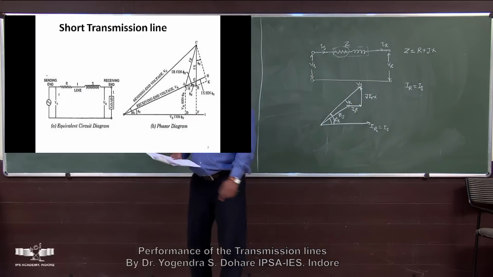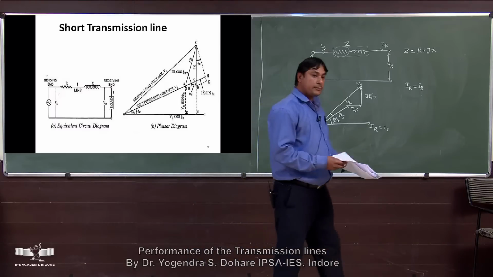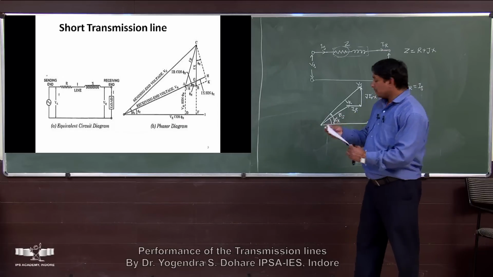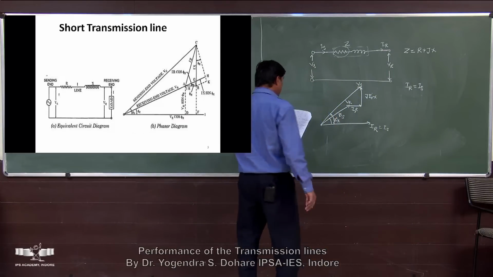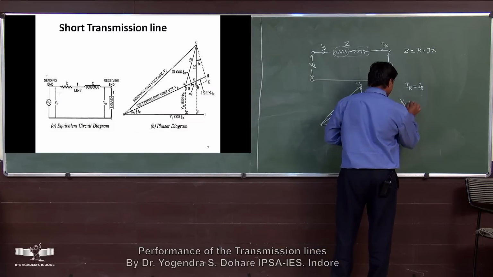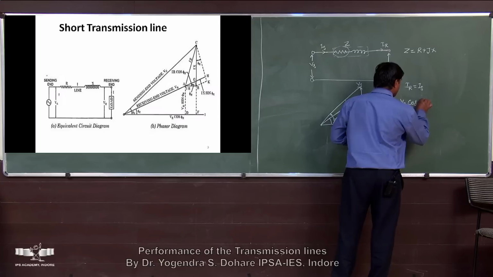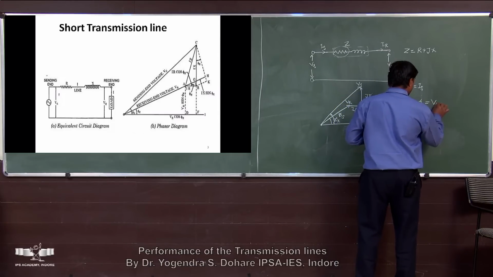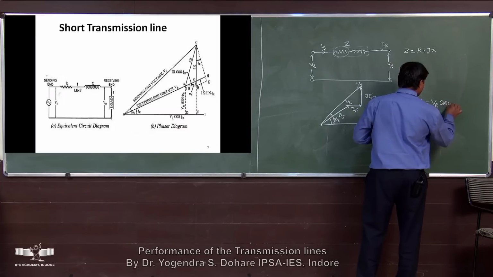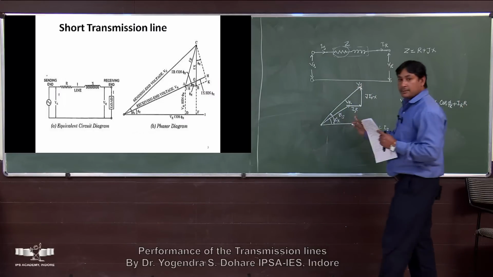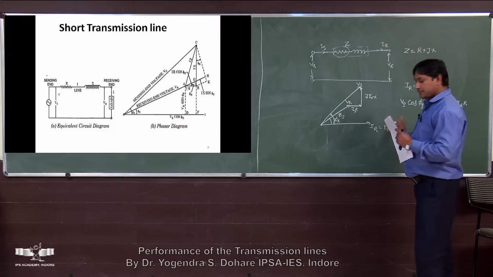This is the phasor diagram of the short transmission line. Using it, we can write the equation Vs cos phi s equal to Vr cos phi r plus IR into R.